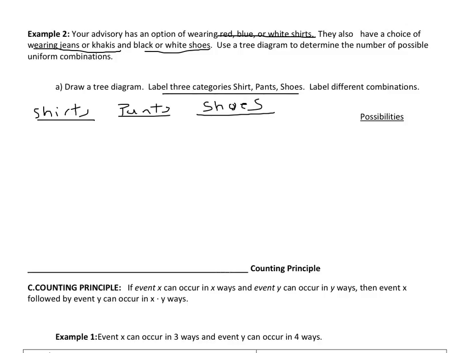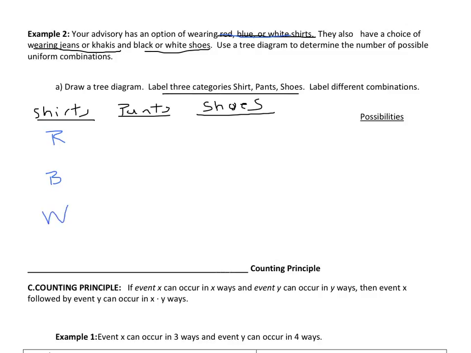All right, now think about we have 3 categories: shirts, pants, shoes. What are the options or possibilities underneath shirts? Well, we can have a red, blue, or white shirt. So I'm going to say we can have a red, a blue, or a white shirt.